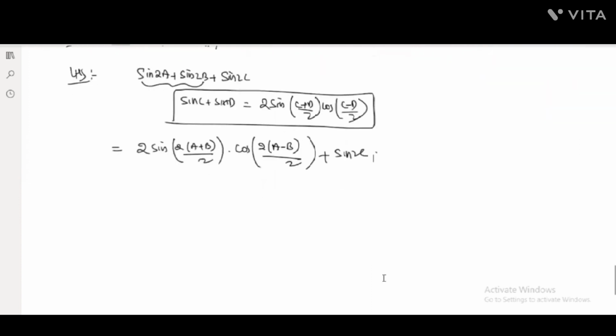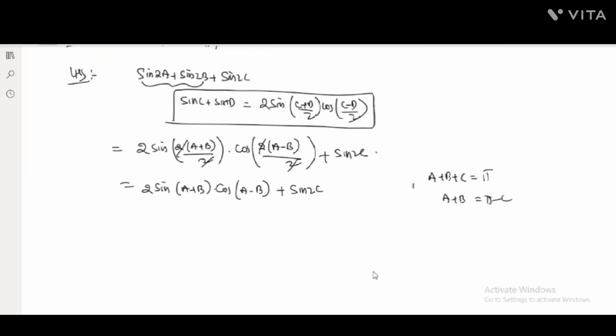The 2 and 2 cancel, so we get 2 sin(A + B) cos(A − B) plus sin 2C. From the given A plus B plus C equal to pi, A plus B will be pi minus C, so we substitute it here. We get 2 sin(pi − C) cos(A − B) plus sin 2C.